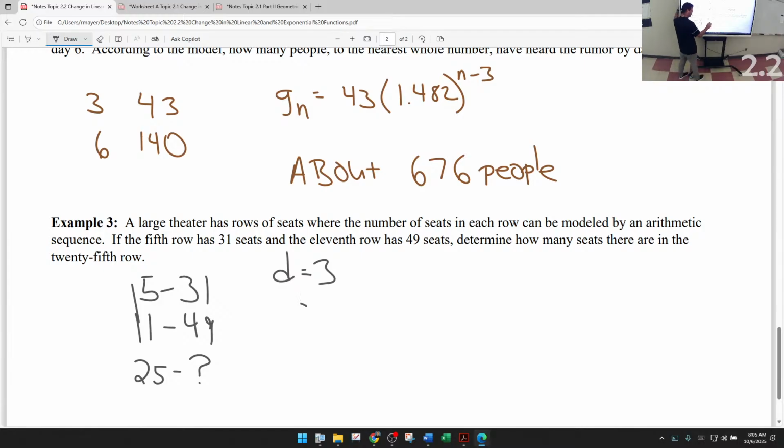So now A sub n equals either one of these two. 31 plus 3 times n minus 5.